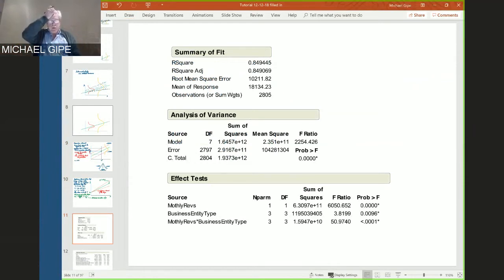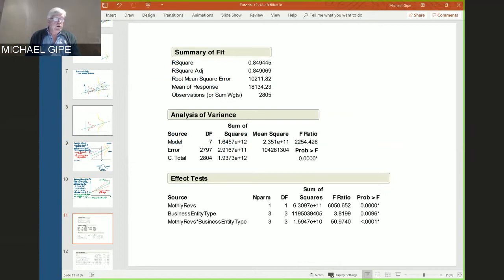So here's what you might see as the first part of a JMP regression model. And this tells a lot of stuff. This one comes from, I think, sample exam number 3, so you've probably seen this already.